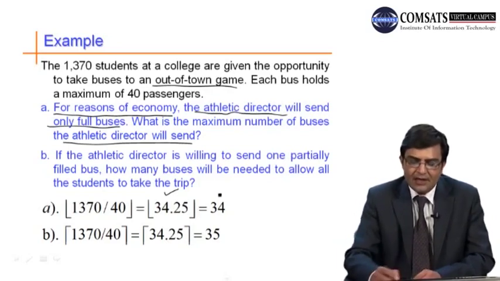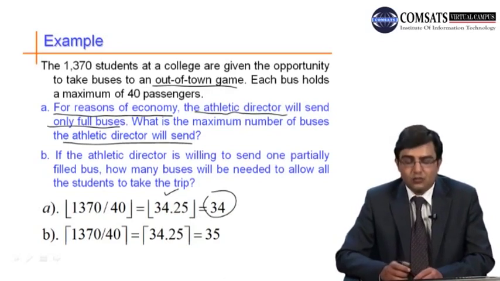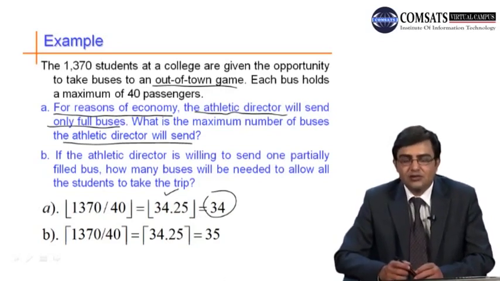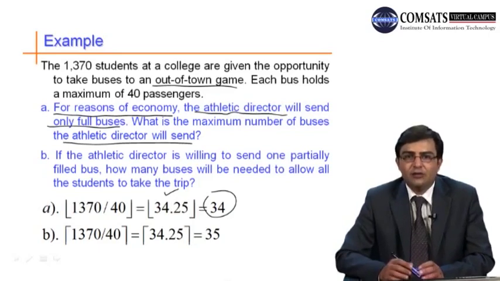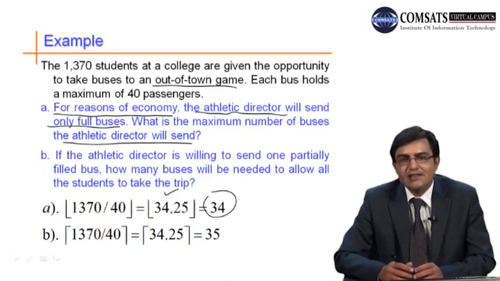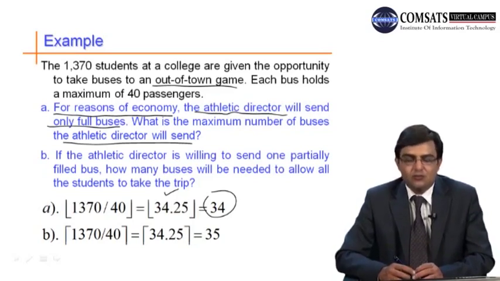The floor of 34.25 is 34. So the director will send 34 buses, each full with 40 passengers. Obviously some students will be left, and they will not be able to go out of town for the game.